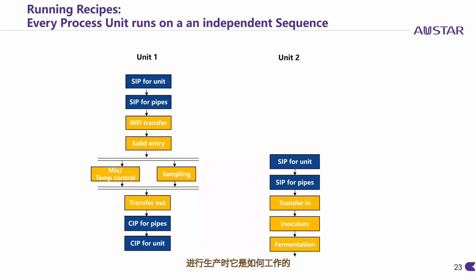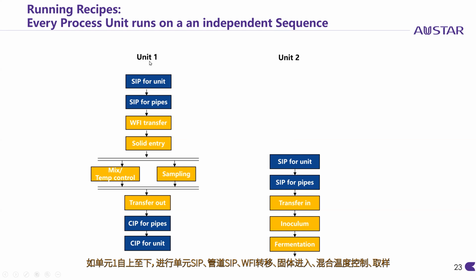So how does this now work when we produce? Every unit, like every fermenter, for instance, runs on an independent sequence. So you can imagine that when we produce, unit 1 goes through from top to bottom.